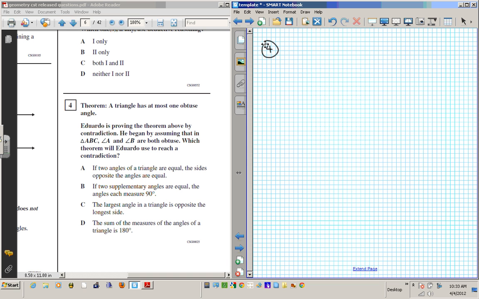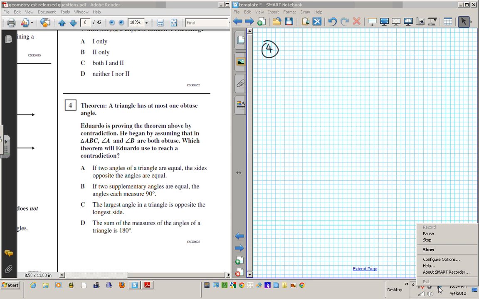Which will Eduardo use to reach a conclusion? So basically, argument by contradiction is assuming that the original statement is false, and then you want to arrive at a contradiction.